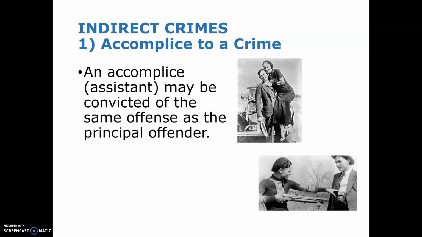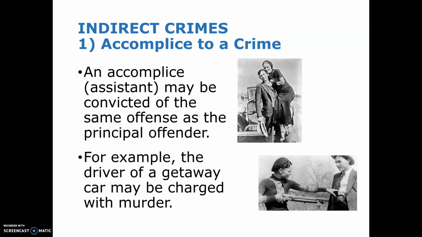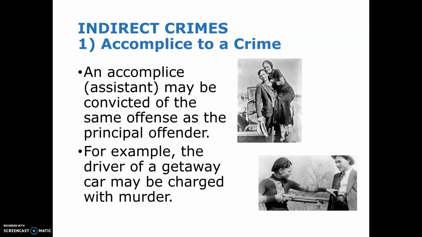Now, an accomplice can be convicted of the same offense as the person who is leading it. In this case, Bonnie and Clyde had the same roles in that they were both committing the crime, but an accomplice can be someone who just assists in doing that. So I give this example: a driver of a getaway car is considered an accomplice.